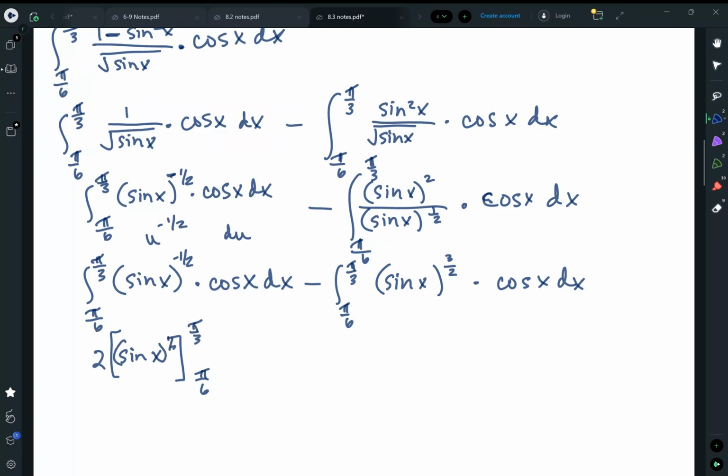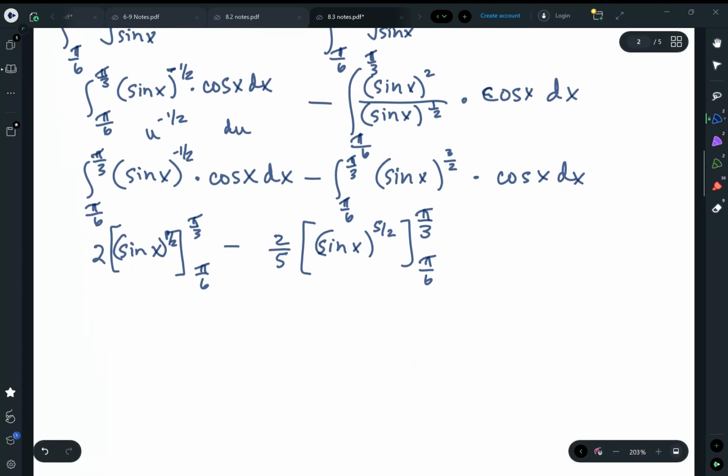I can't forget about that. It's not a great one, I don't really want to evaluate that. The second one, if I have 3/2 right now and I add 1, it's 5/2. So if I divide by 5/2, I'm multiplying by 2/5. So sine x to the 5/2 power from pi over 6 to pi over 3.